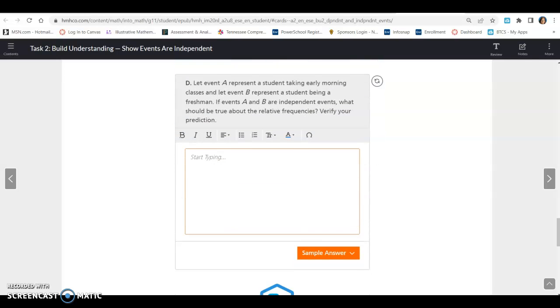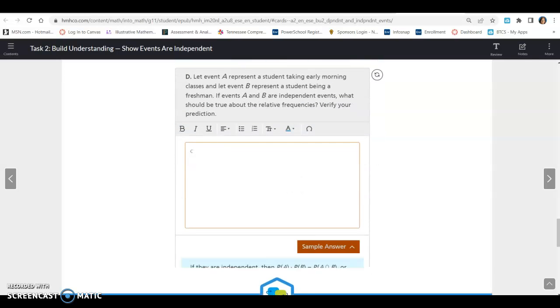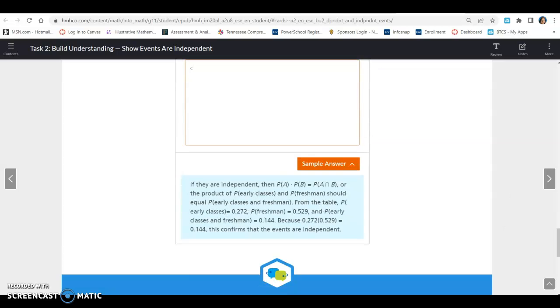That means if A and B multiplied together are equal to the intersection, then they would be independent events. So if they are independent, then P of A times P of B equals P of A intersect B, or the product of early classes and freshmen should equal early classes and freshmen.